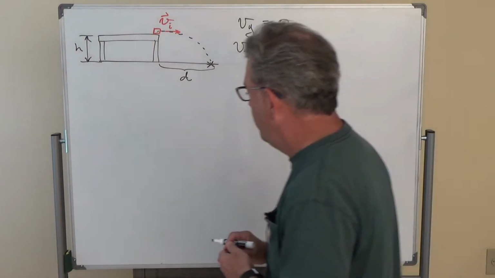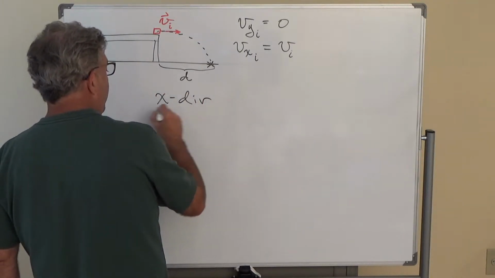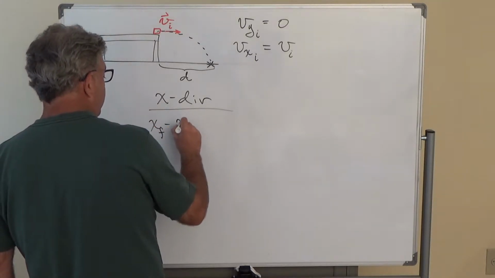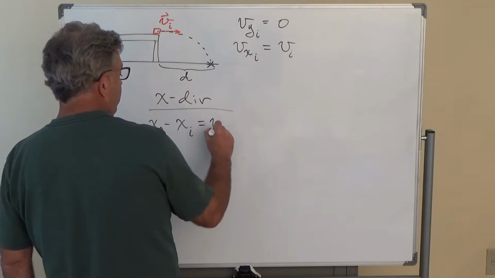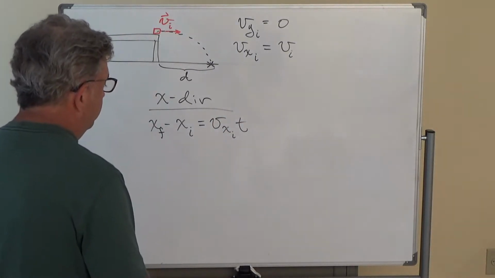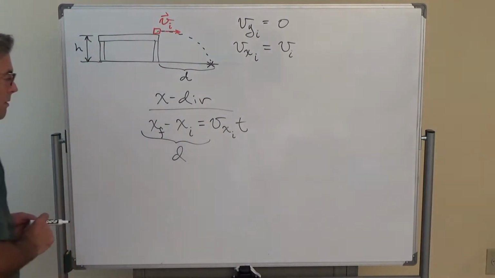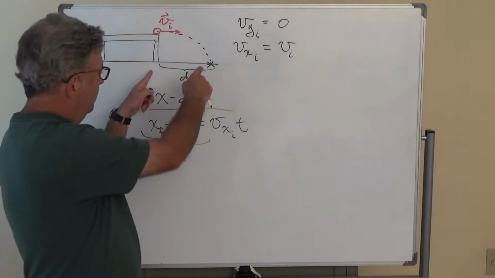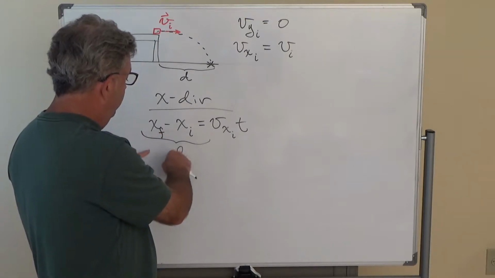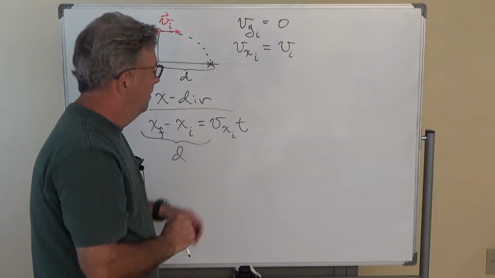Let's see if we can figure out what we know in the x direction. In the x direction, you have x final minus x initial is Vx initial t. This is what I'm calling d. Make this x initial, make this x final, then that distance d is x final minus x initial.